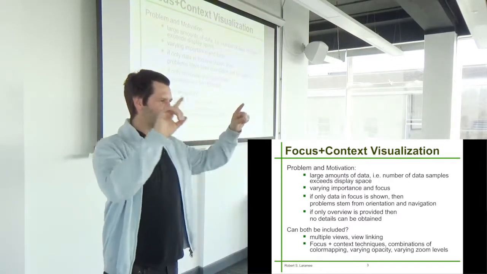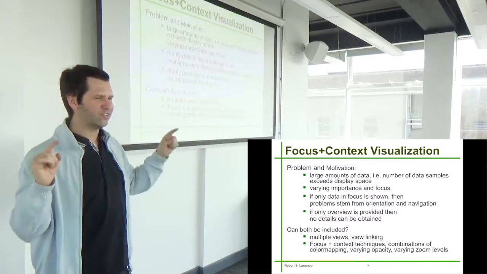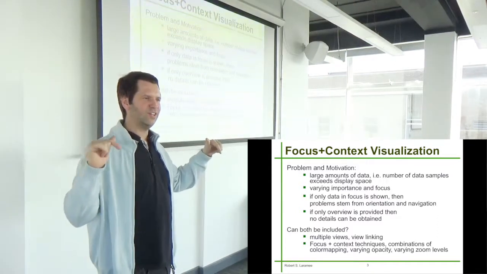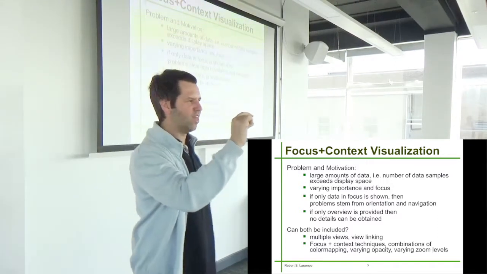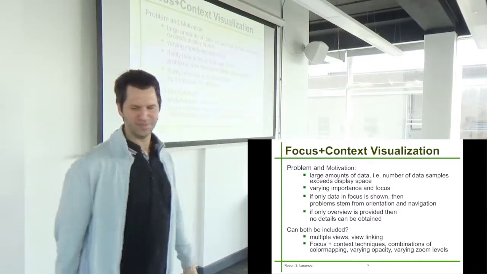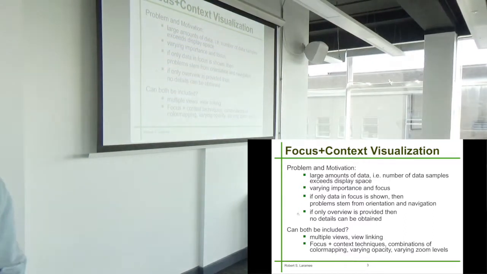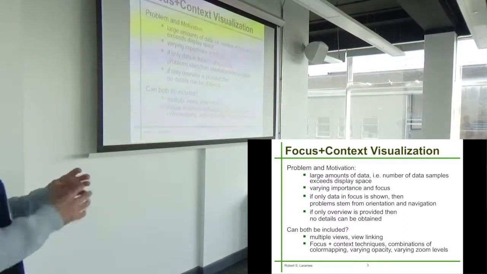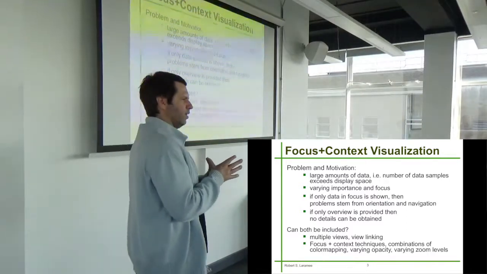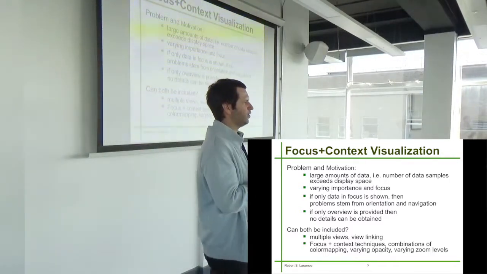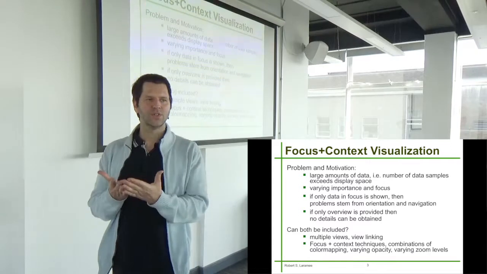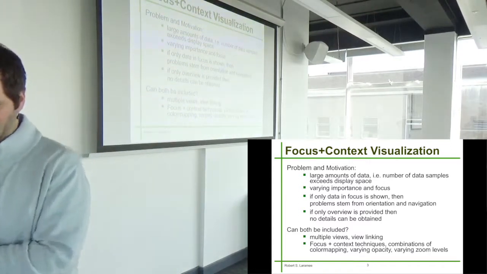Because you still want the rest of the map as the context. You'd still be lost if you only had that focus information. So that's the idea. Can we include both the focus, the important data, and the context, the unimportant data, so we don't get lost?